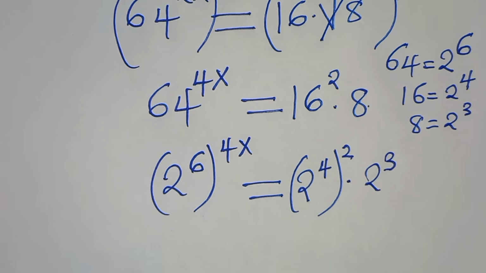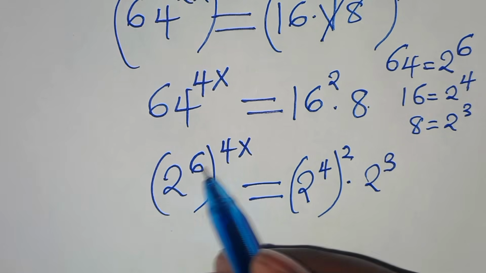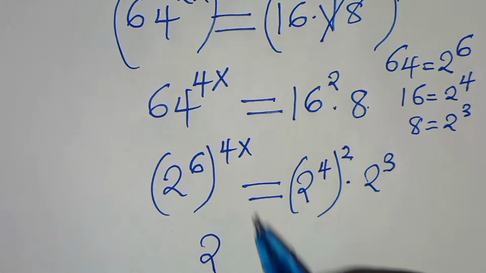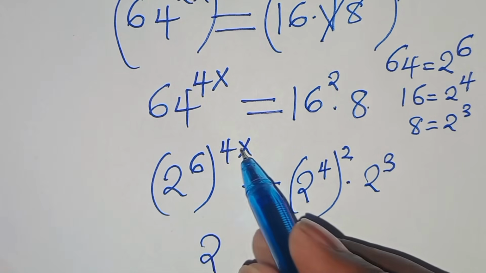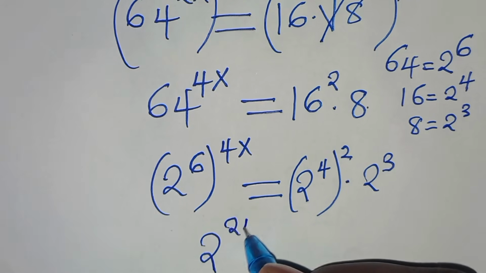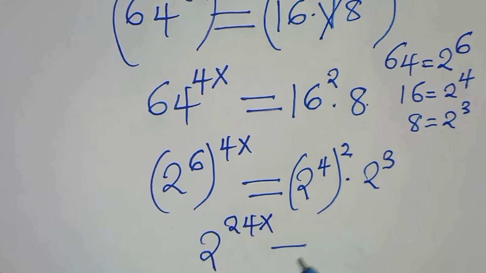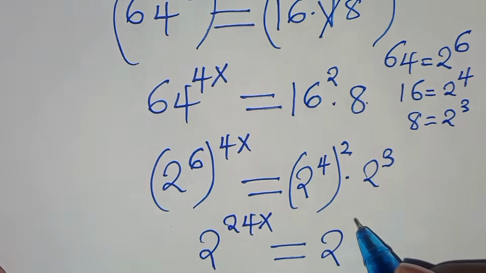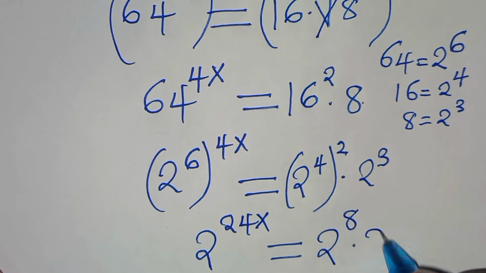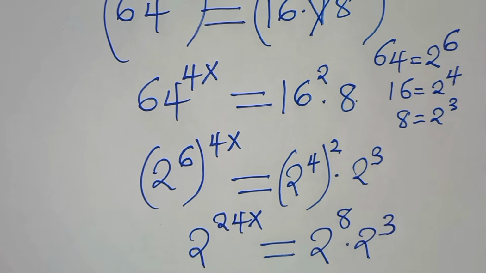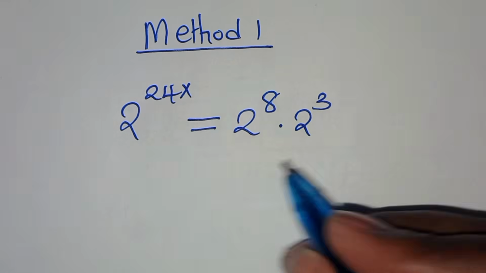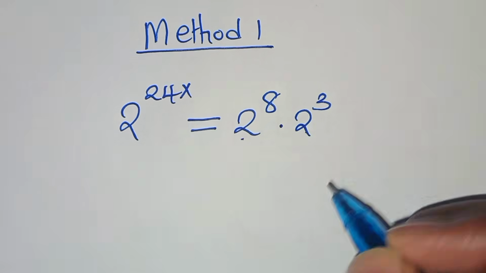So 2 to the power of 6 raised to the power of 4x is the same thing as 2 to the power of 6 times 4x, and this is 24x. This is equal to 2 to the power of 4 times 2, which is 8, multiplied by 2 to the power of 3. Now we have 2 to the power of 8 times 2 to the power of 3.